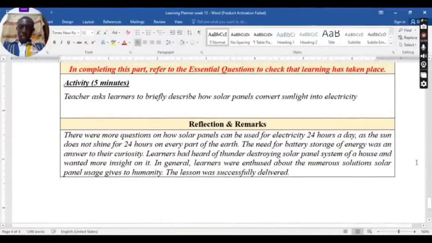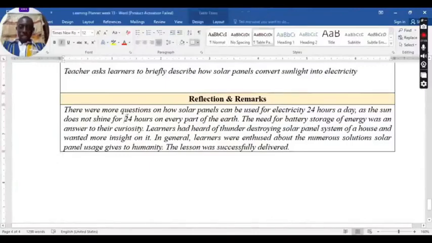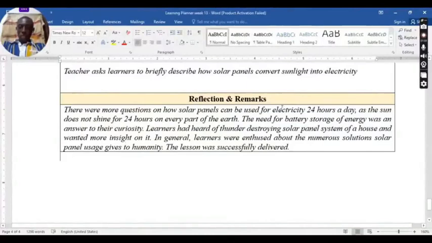Alright. Then look at the reflection. This is a sample. There were more questions on how solar panels can be used for electricity 24 hours a day, as the sun does not shine for 24 hours on every part of the earth. The need for battery storage of energy was an answer to their curiosity.